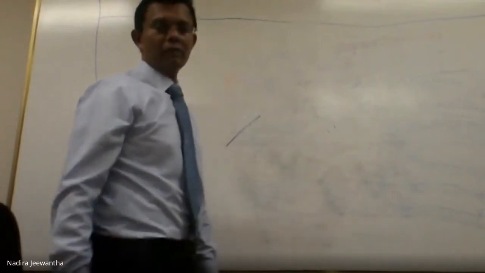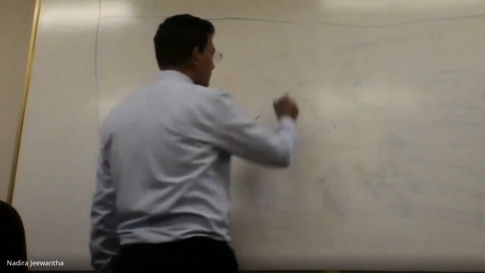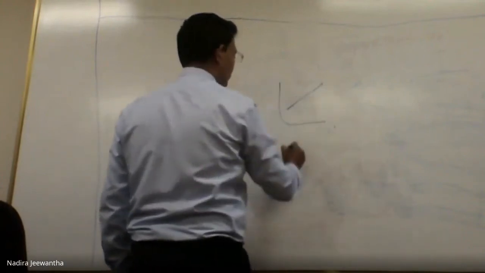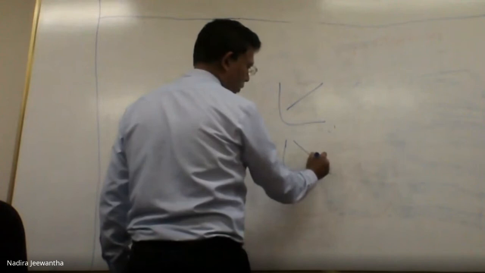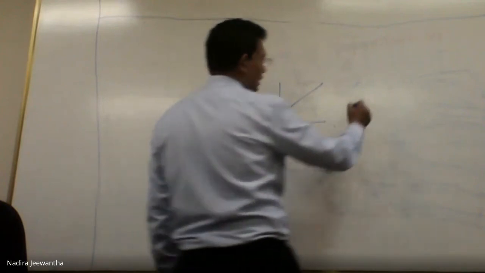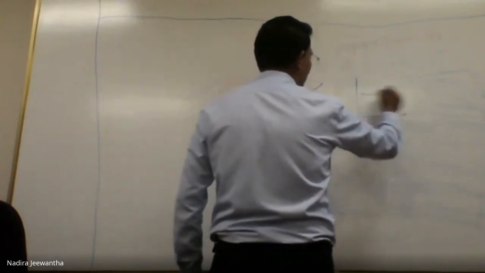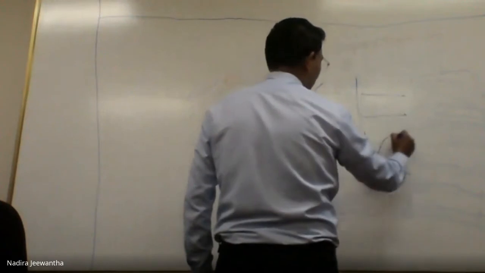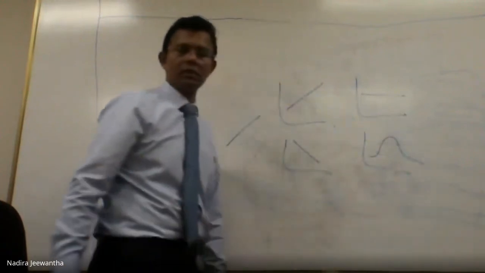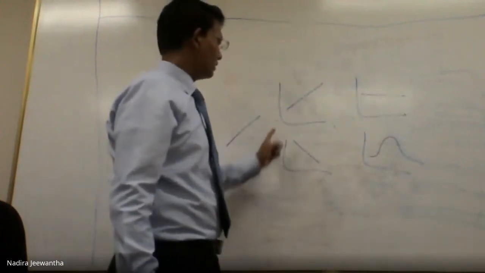There are 4 types of yield curves: going up, going down, flat, and one more. 4 types.